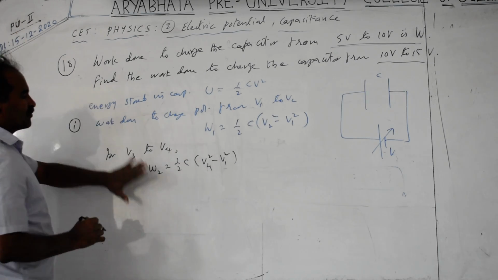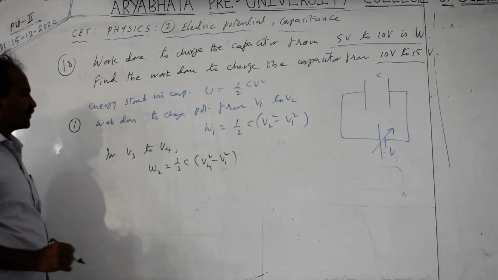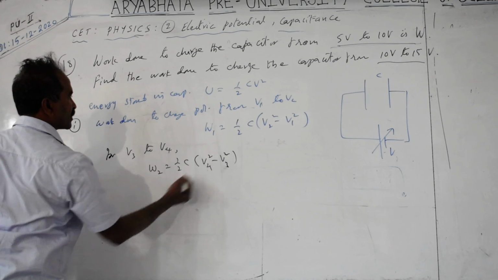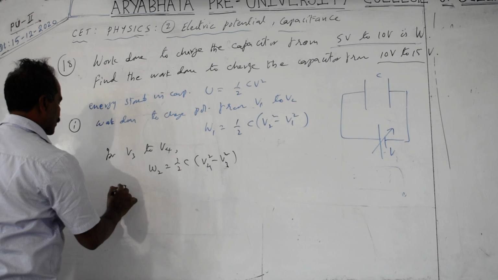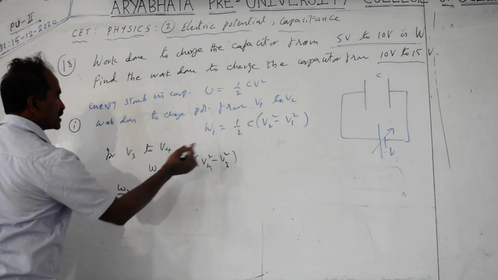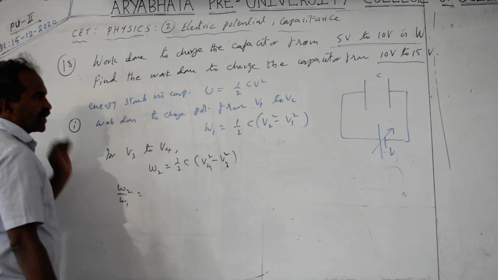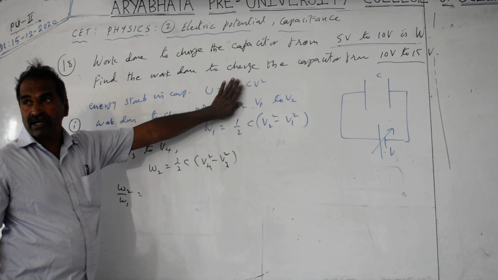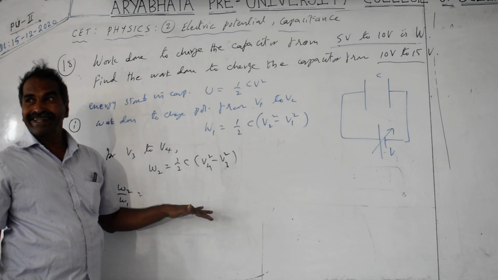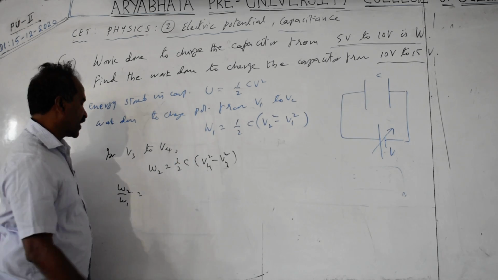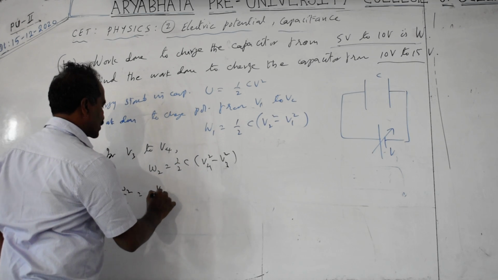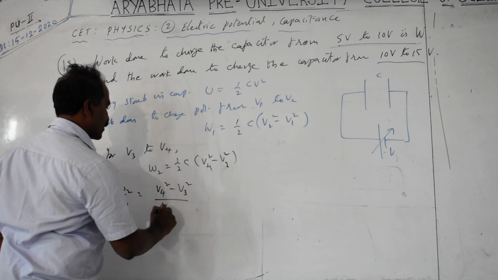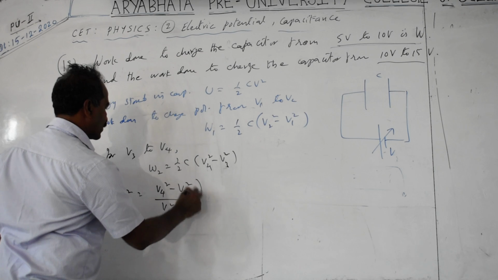We are asked to find the ratio W2 by W1. Half C cancels. Even if you take the work done by the battery, the half won't be there, but anyway since we are taking the ratio it will be cancelled. So W2 by W1 is V4 square minus V3 square by V2 square minus V1 square.